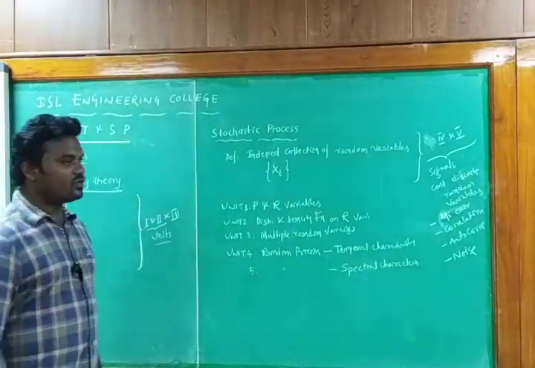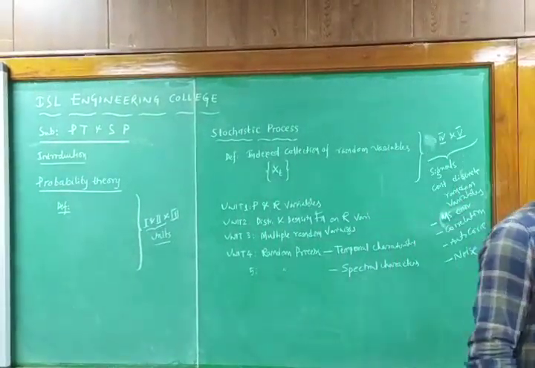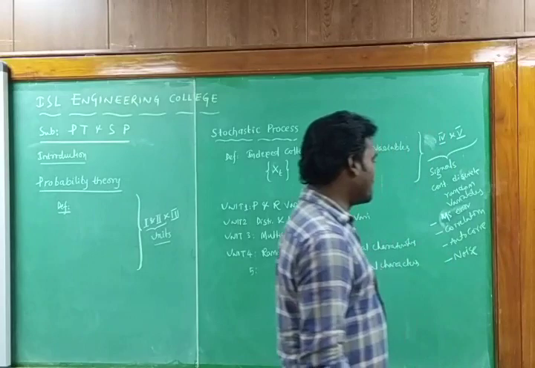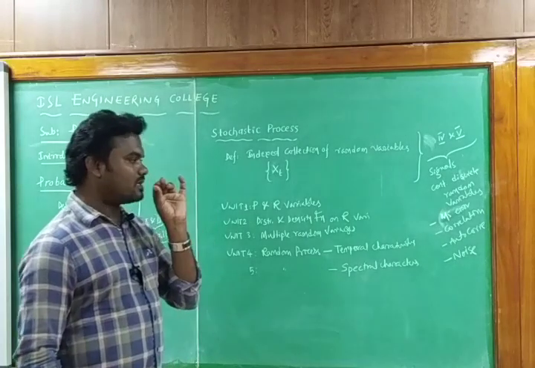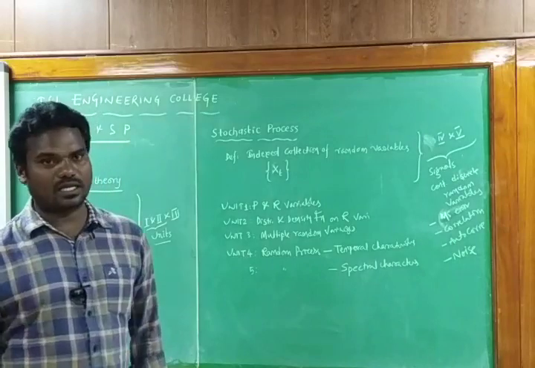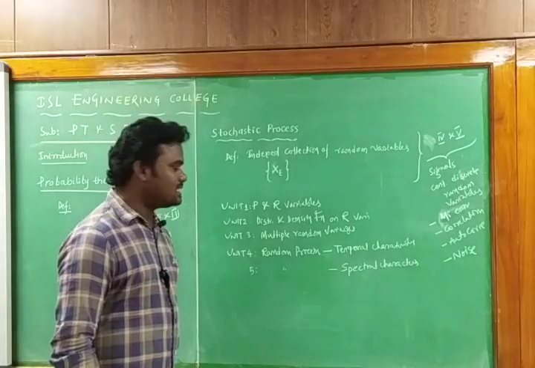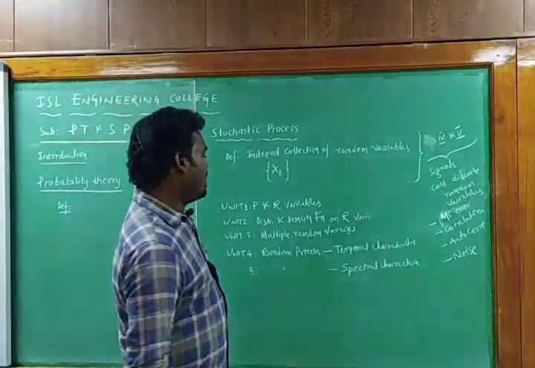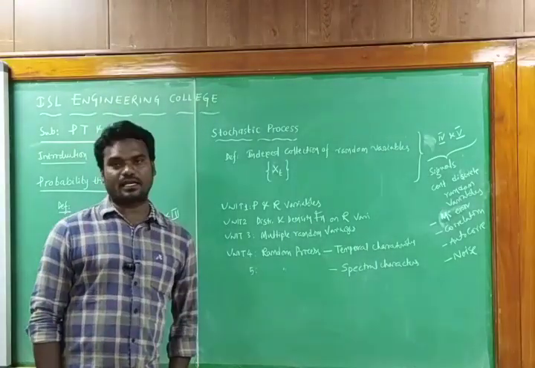The fourth and fifth units are completely related to continuous or discrete random variables or signals. With respect to those random variables and signals, we have to study all these things. The fourth unit is random process. A random process can be analyzed by making use of two characteristics: one is temporal characteristics, another is spectral characteristics.